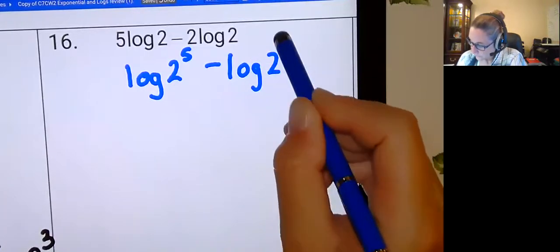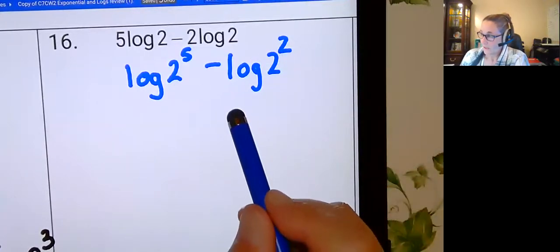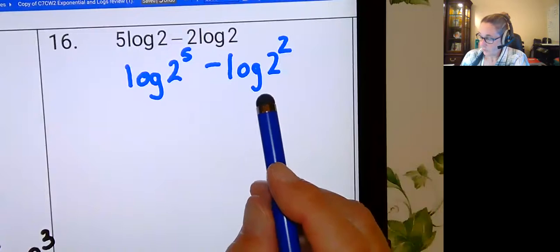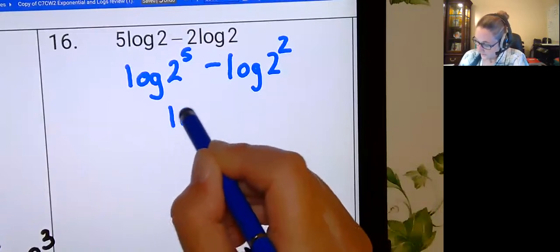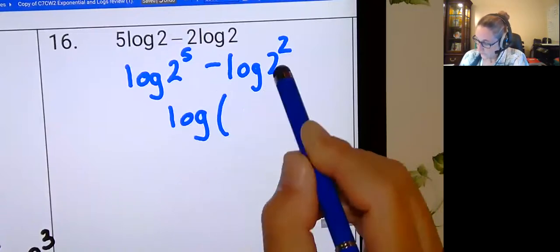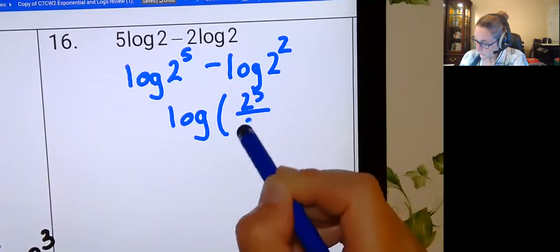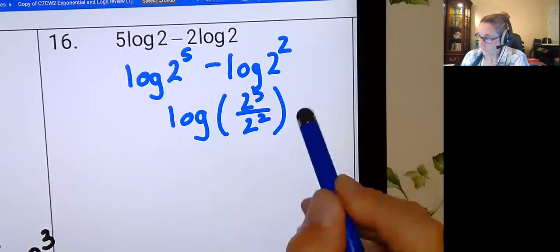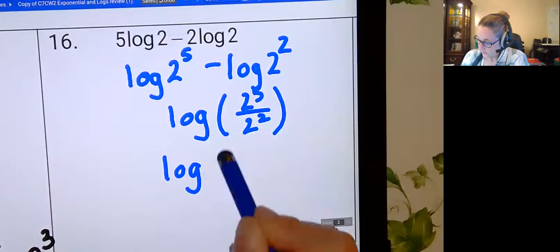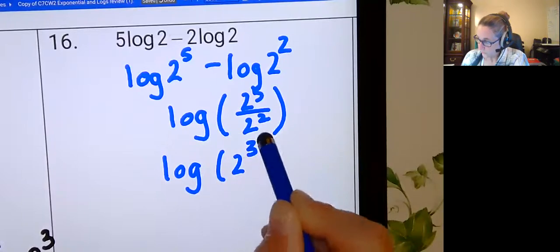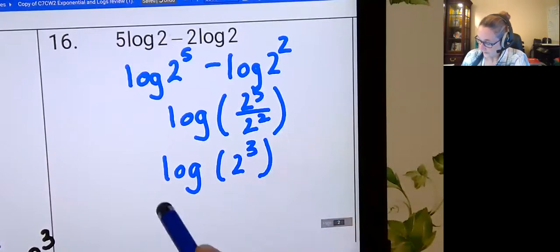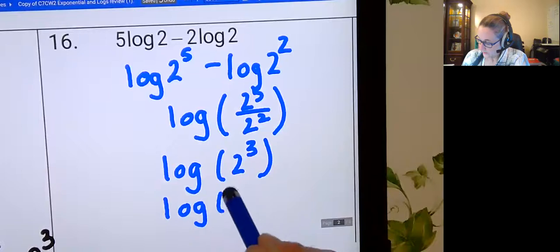So what I'm going to get is log of 2 to the 5th over 2 to the 2nd. So that's going to be log of 2 to the 3rd. And 2 to the 3rd is 8.